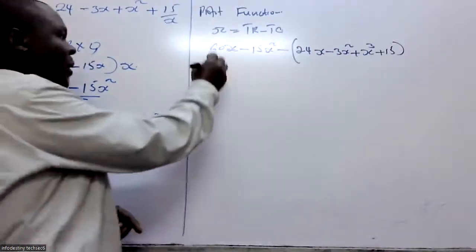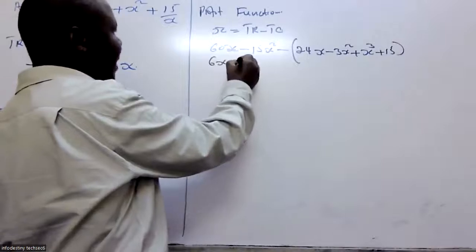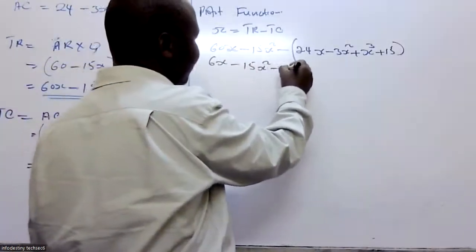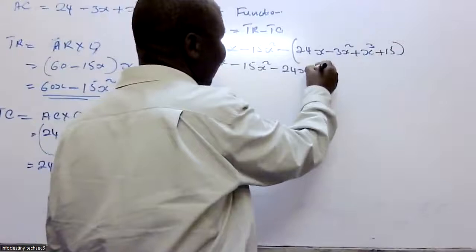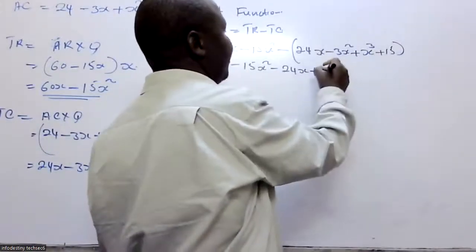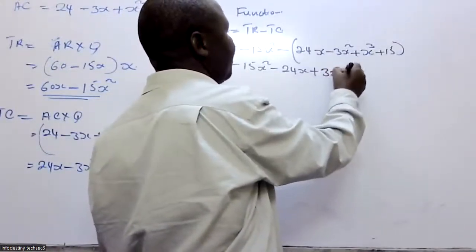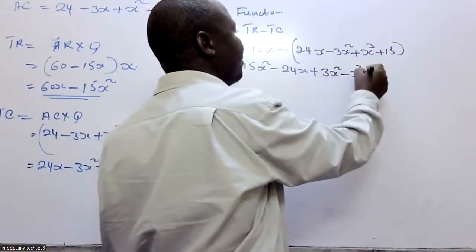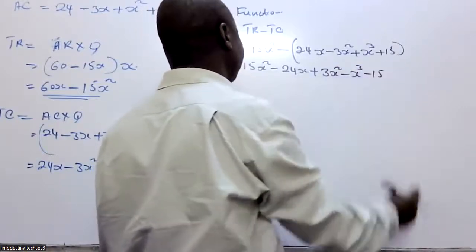So that's going to be 60x minus 15x squared minus 24x plus, because this is a negative, 3x squared minus x cubed minus what? 15.